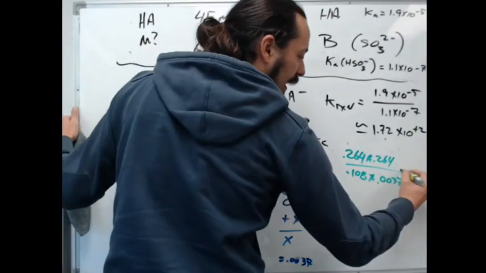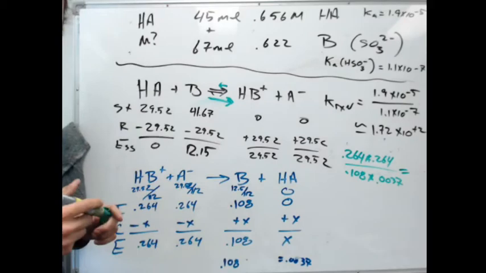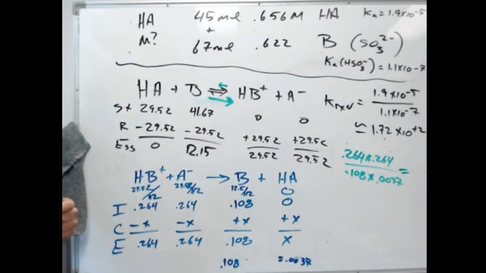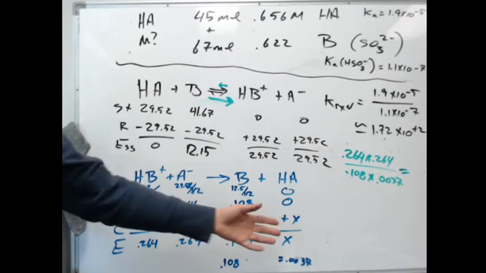What should this thing in green be equal to? It should be equal to K reaction. It should be equal to 1.72 times 10 to the positive 2. If we don't get that, we did something wrong. There's a check we can do at the very end. I imagine we're going to get about that because that's how we solved it.